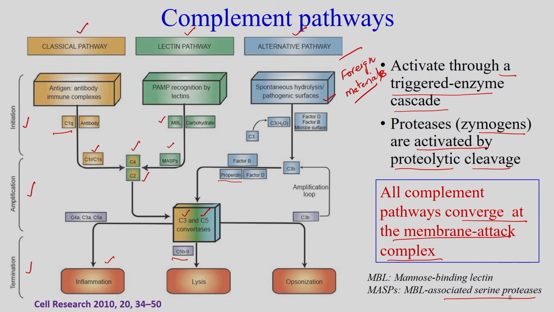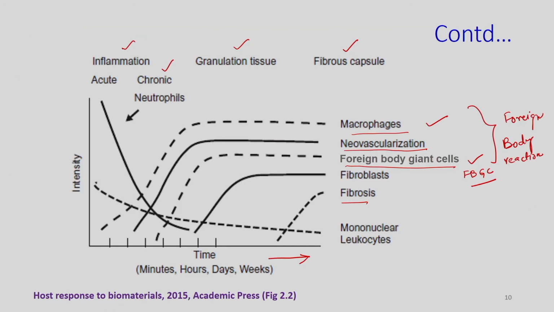So, in the complement pathways we have the classical pathway, lectin pathway and alternative pathway. So, these are the interaction or host response which is coming particularly from the cell surface interactions.